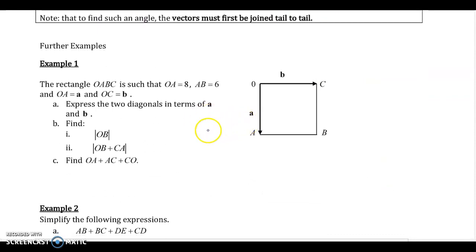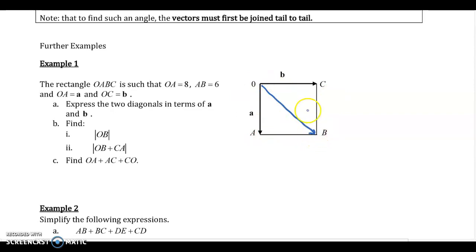In this example, we've got a rectangle OABC. They've given you two vectors here, A and B. Part A, express the two diagonals in terms of A and B. So diagonal 1, OB, would be vector A plus vector B. If I just picked up B and moved it here, it would make a closed vector diagram.